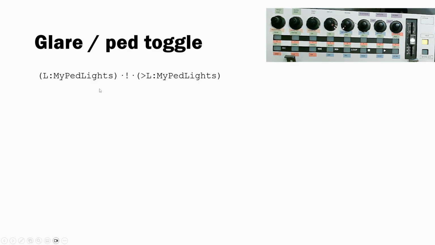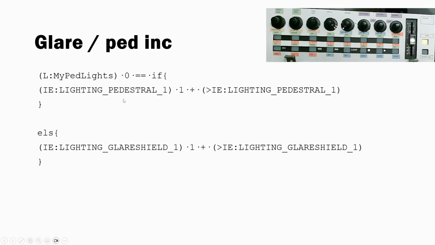If we're doing the pedestal light, so the glare shield itself at the back, we are going to be looking at creating a variable called my ped lights. Call it what you like, but that's what I've called it. And there's the toggle version, so when I press the button it will toggle. And this one is going to change the lighting of the pedestal. I don't know why it's mistyped, but it has always been like that.